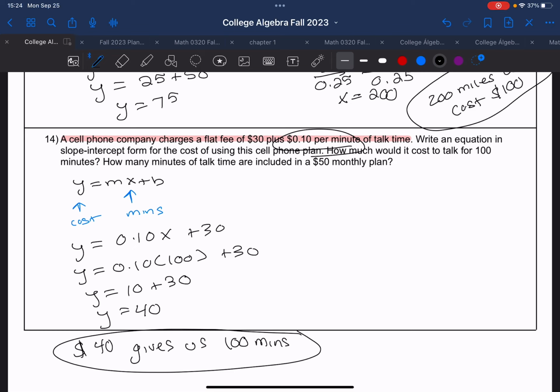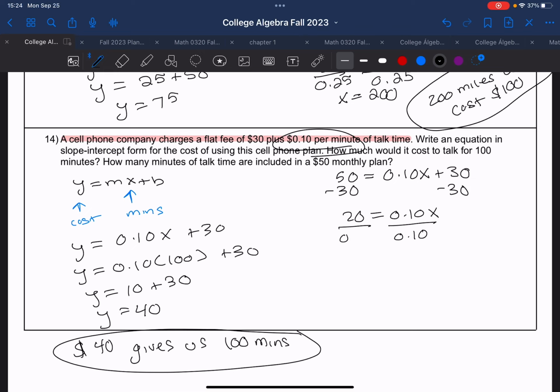Last part says how many minutes of talk time are included in a $50 monthly plan. Here we know the cost, but we need to find the minutes. So we're plugging in 50 for y. We have 50 is equal to 0.10x plus 30. I'm going to subtract 30 from both sides, and I get 20 is equal to 0.10x.